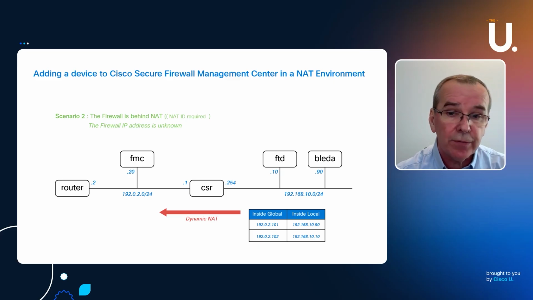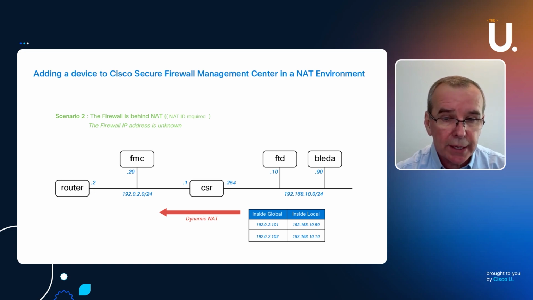So in the demo environment, I've just made some changes where I've applied dynamic NAT, where the direction of that dynamic is from the zone where the firewall is based to the zone where the manager is based.